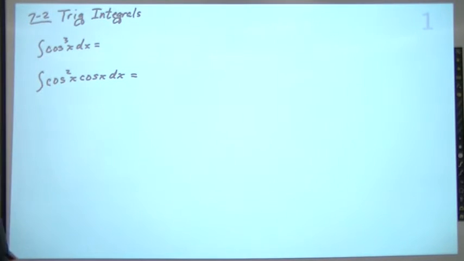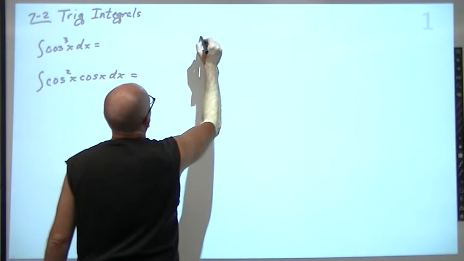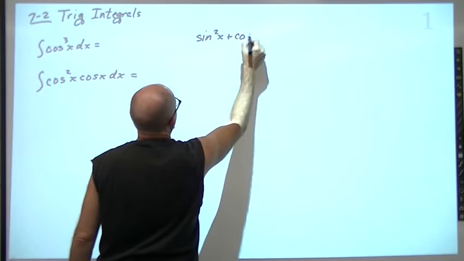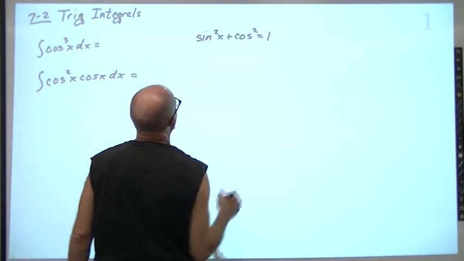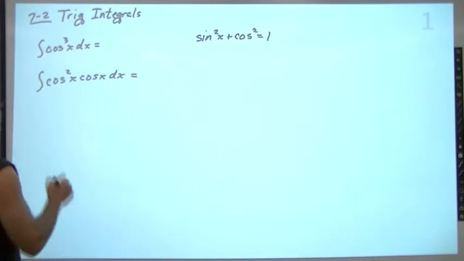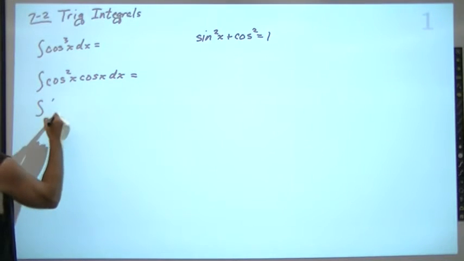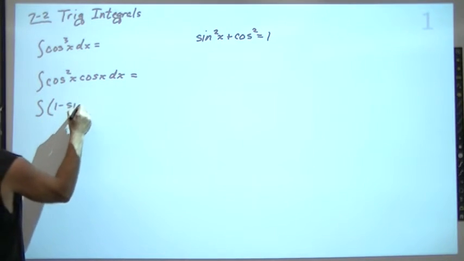Next thing I notice is cosine squared is 1 minus sine squared, because we know that sine squared x plus cosine squared x equals 1. So I can change my cosine squared x into 1 minus sine squared x.